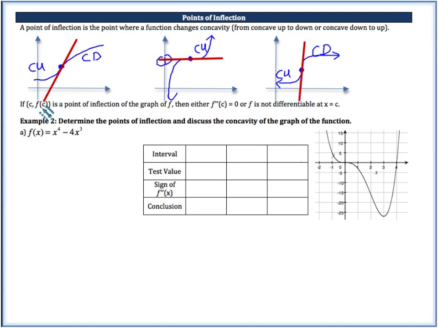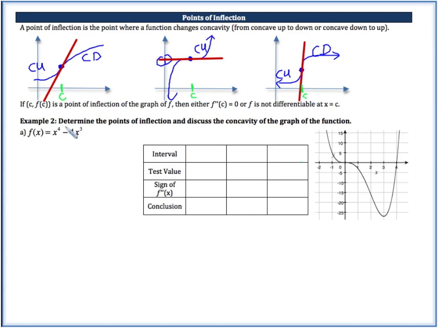Now, if f(c) is a point of inflection, then either f double prime of c equals 0 or f is not differentiable at x equals c. Here's what we mean by that. If this was our c right here, we would know that f double prime either equals 0 or does not exist at these points.